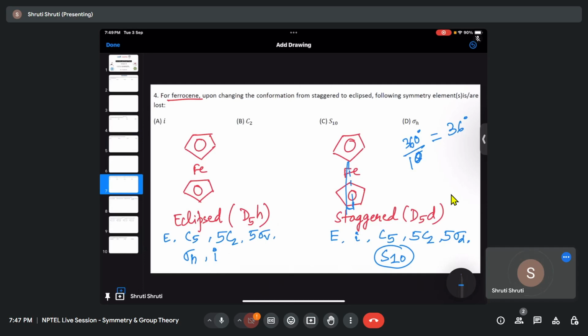But in eclipsed configuration, if we rotate by 36 degrees and then reflect, we will not get the same conformation.